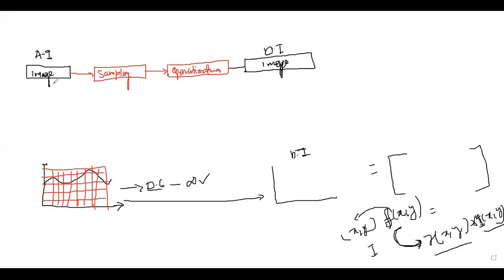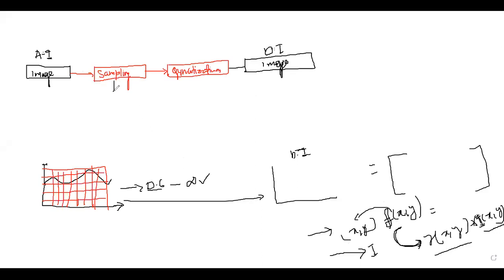Now to convert this analog image to a digital image, I have to perform digitization with respect to the coordinate and with respect to the intensity. Digitization means converting an analog signal to a digital signal. Is it clear?